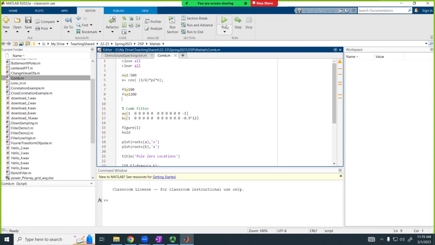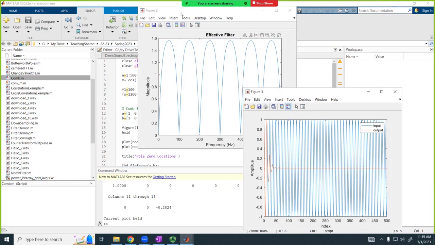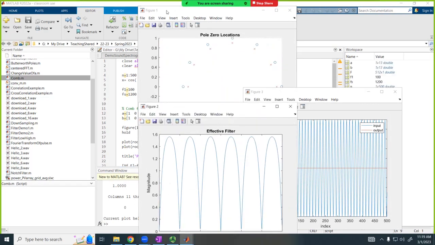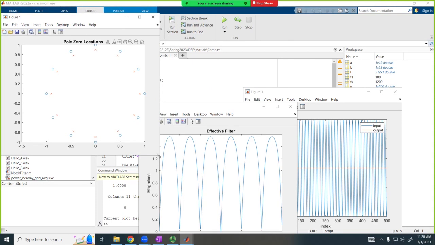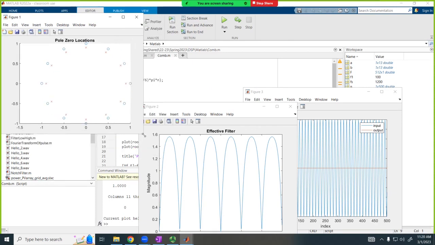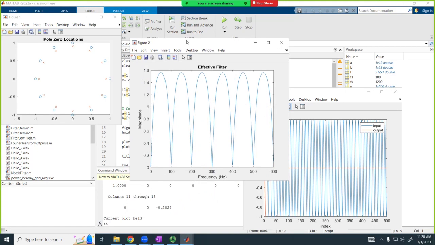So let's run this code. And what do we see? Poles and then zeros. We see the poles and zeros of H(z), and these are on the unit circle.